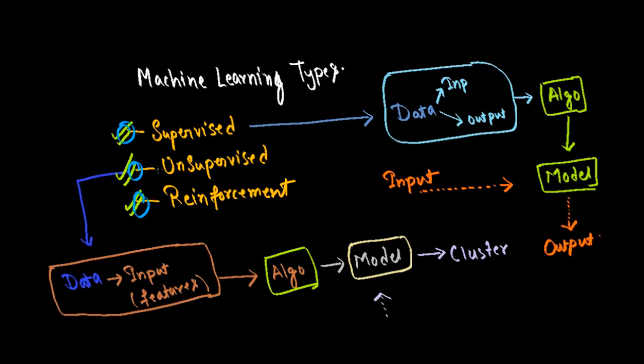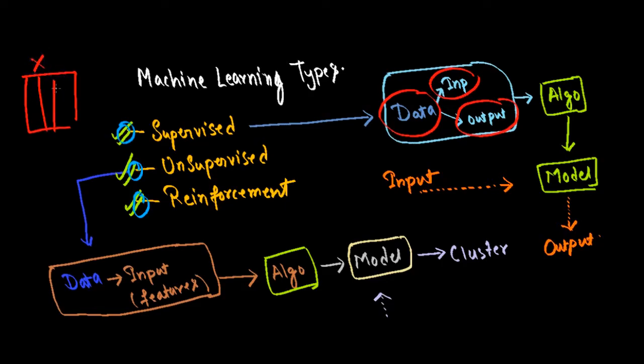When we talk about supervised machine learning, we are provided with some data, and the data will have inputs and labels. Labels will be the output. We'll be provided data in the form of, let's say, a table. There will be some independent attributes and some dependent attributes. So this will be the label and these will be the attributes.